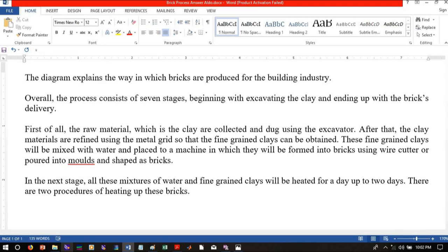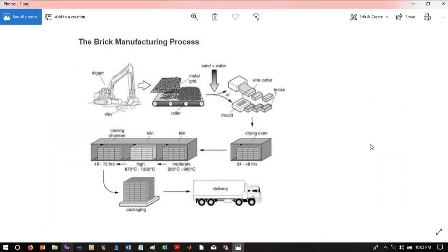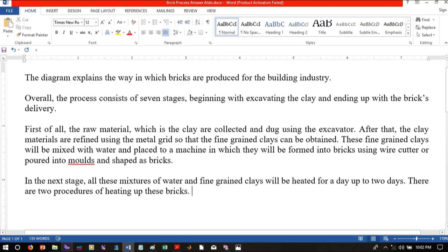Why I say that there are 2 procedures of heating up these bricks is because there is a first treatment of moderate temperature, and the second treatment is using high temperature from 870 degrees Celsius to 1300 degrees Celsius. So how do we say this?